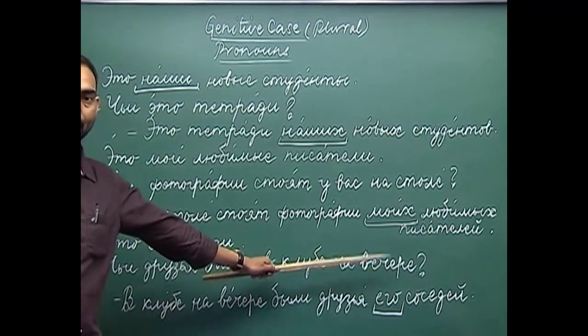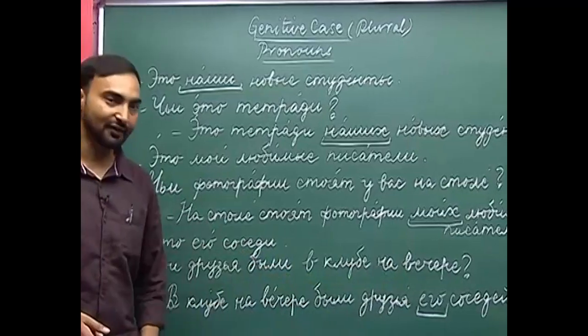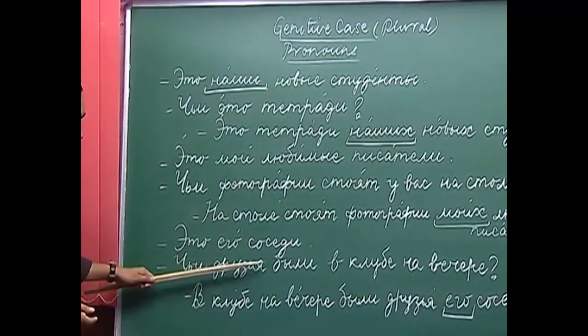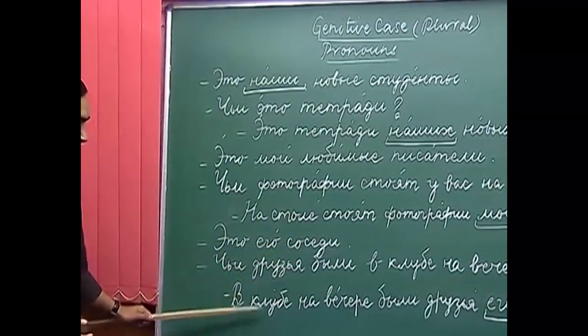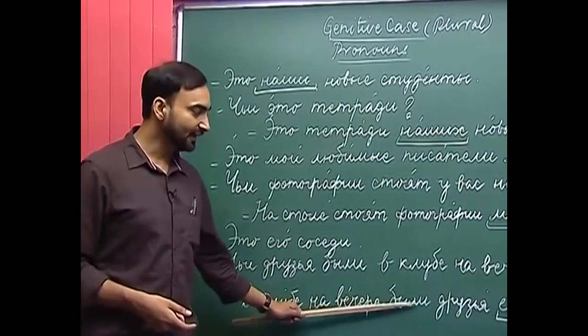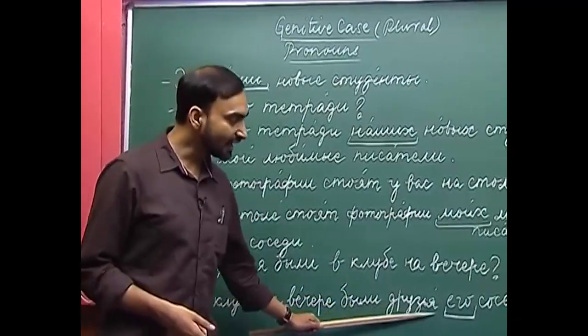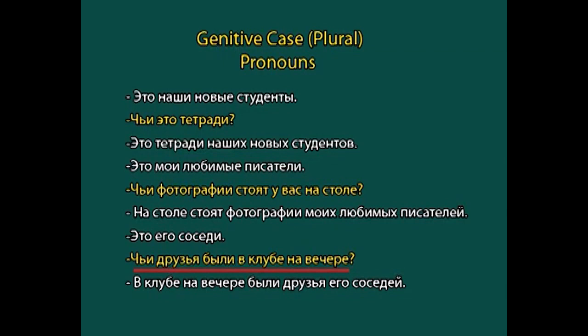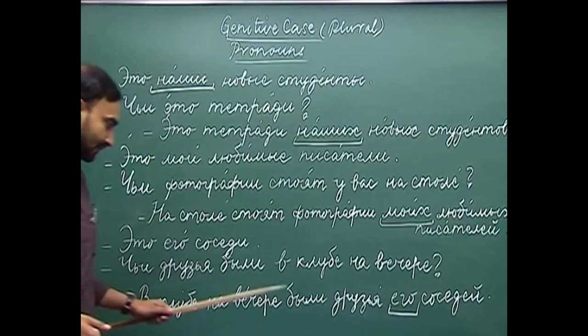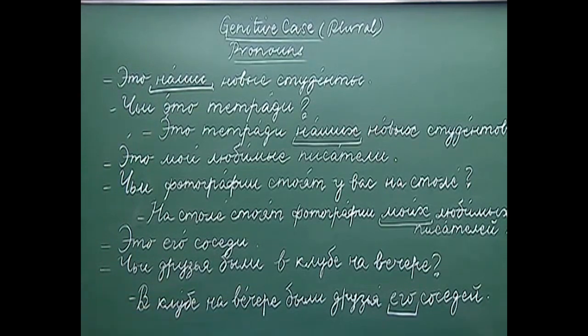Вечер here is party. Вечер also means evening. And you have to answer this question using его соседи. В клубе на вечере были друзья его соседей. What does it mean?